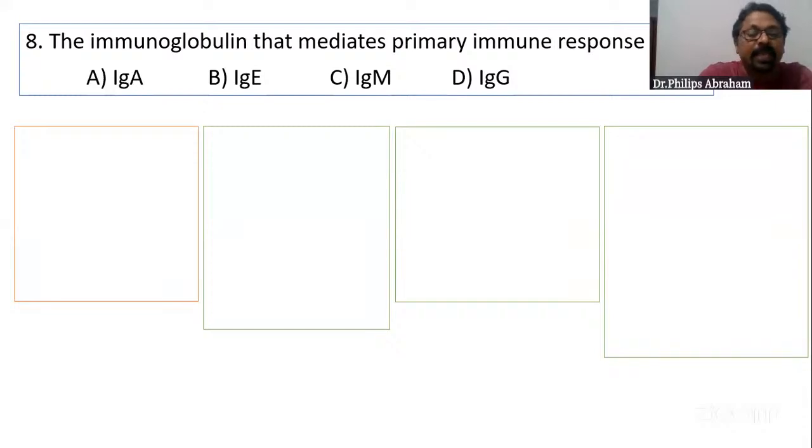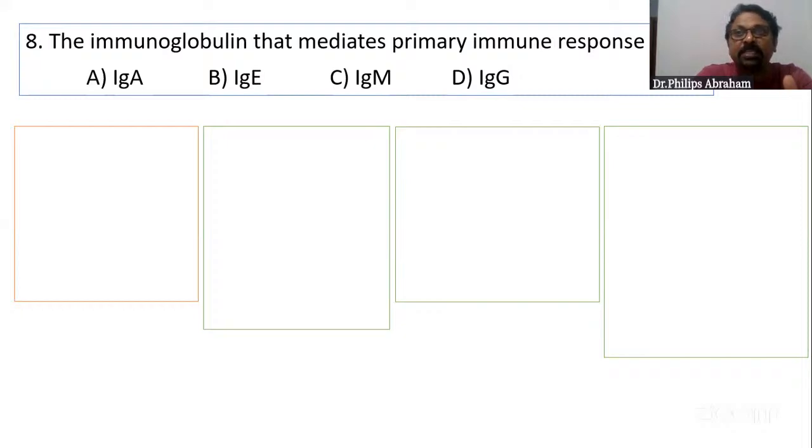IgM is a natural antibody, and it's the first type of antibody produced whenever we get exposed to any antigen. What is the important significance of it? IgM is a pentamer, so it has 10 antigen binding sites.